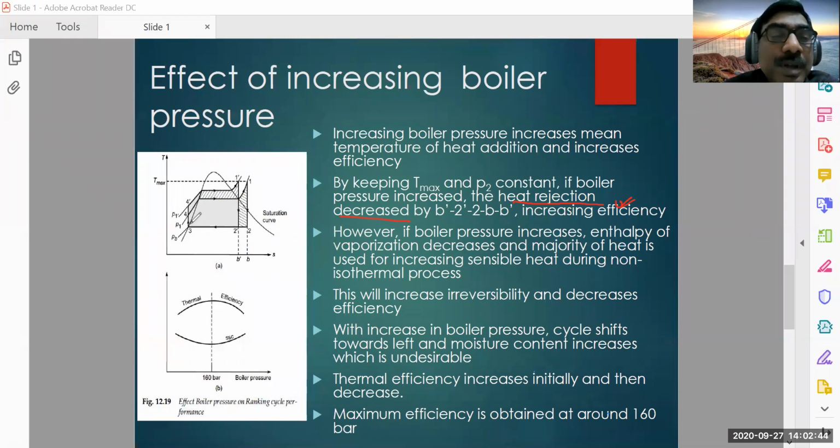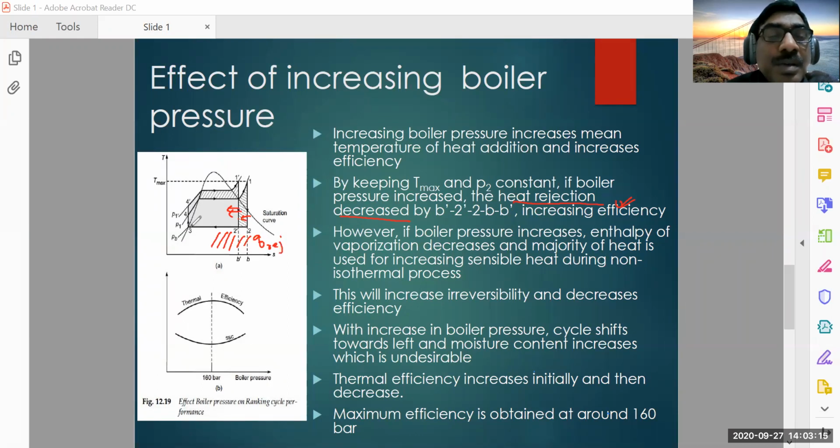Because of increasing the boiler pressure and by keeping the Tmax constant, this process 1 to 2 is shifting towards the left. So because of that, what is happening? The area below this one is the indication of Q rejected.